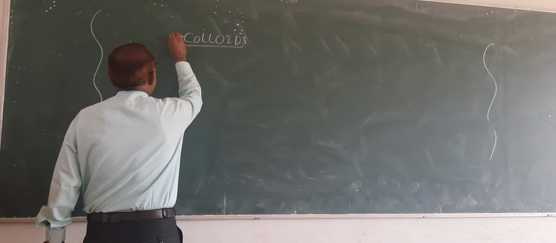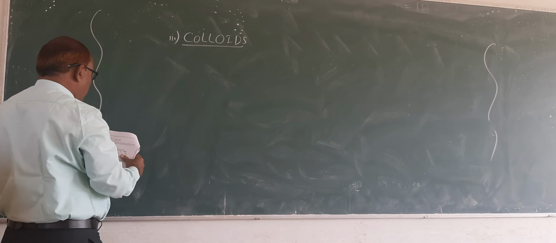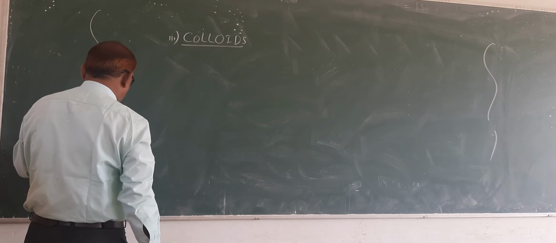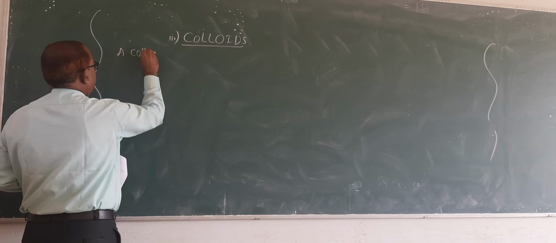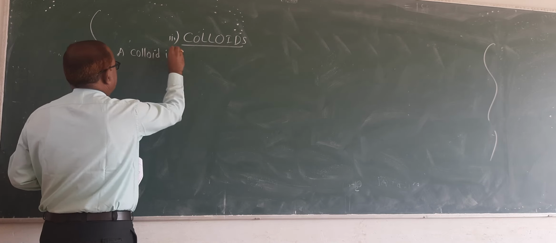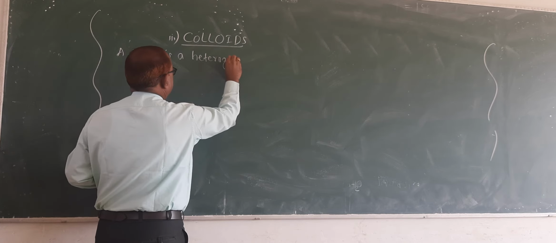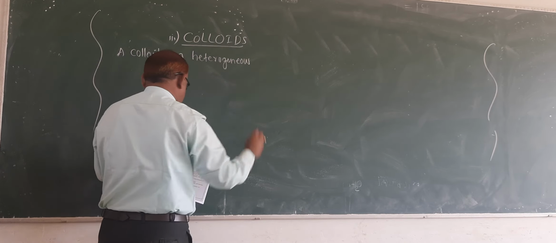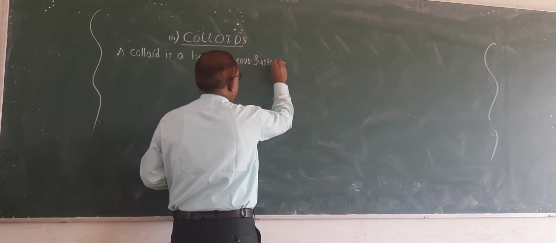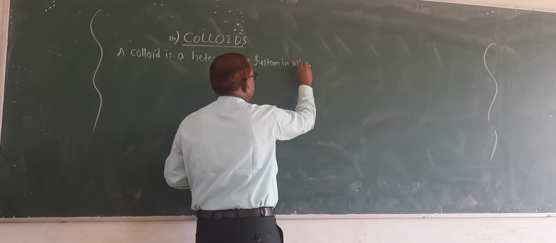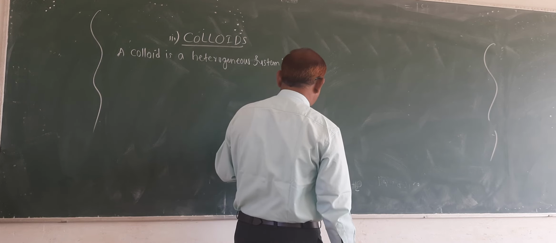Colloids is the third unit under surface chemistry. A colloid is a heterogeneous system in which one substance is dispersed in another.